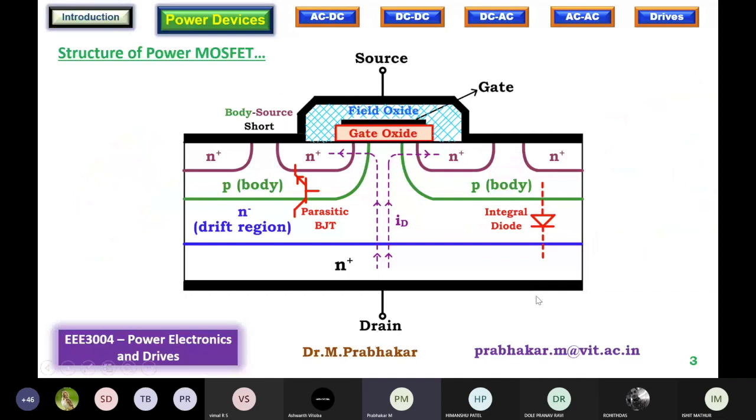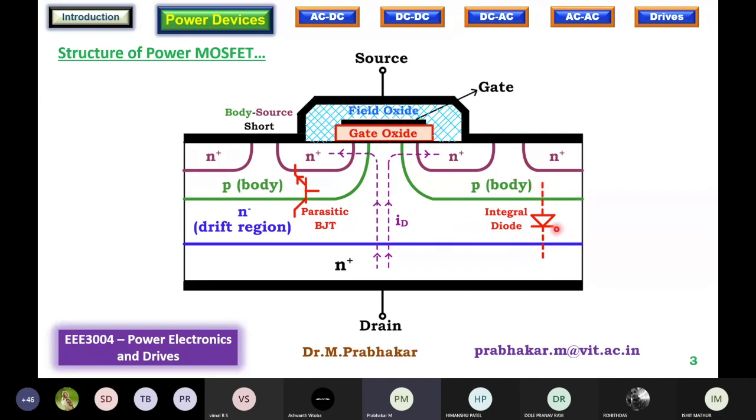Before we understand that, internally, there is a parasitic BJT. I have marked here, which is formed by the N minus, p-type body and N plus source. So you have this parasitic NPN transistor, and you have an integral body diode as well, p-type body and the N minus N plus.